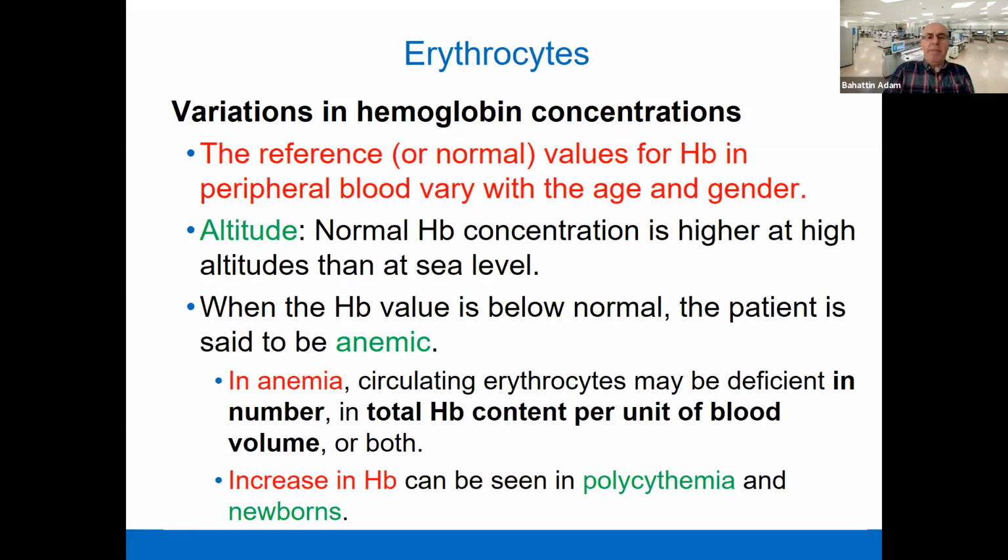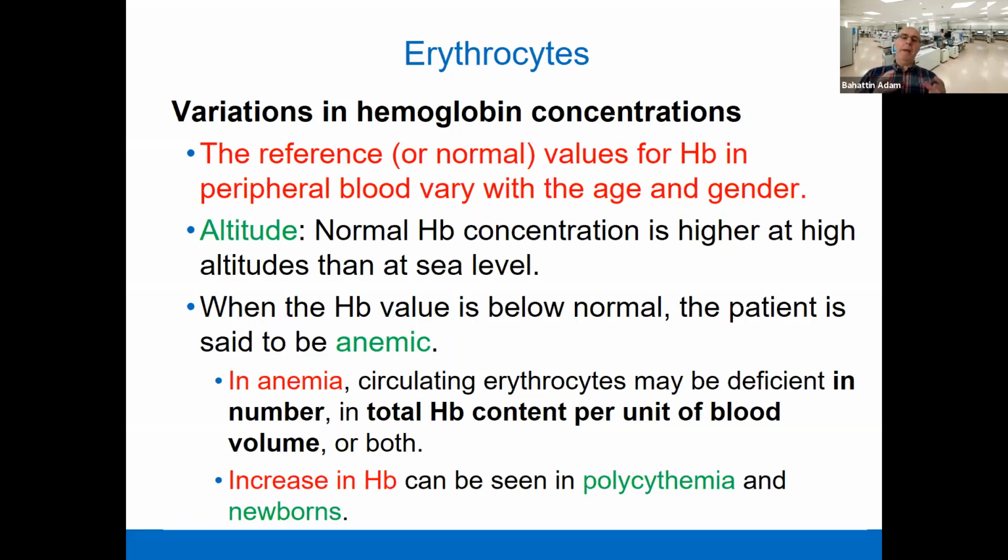When the hemoglobin value is below normal, the patient is said to be anemic. In anemia, the circulating erythrocytes may be deficient in number or in total hemoglobin content per unit of volume.